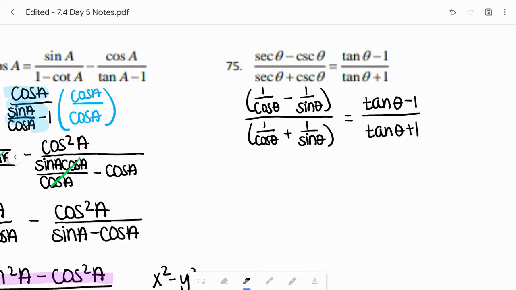Okay. Now I want to multiply both the top and the bottom by sine theta cosine theta because that's going to give me a common denominator. So I'm going to multiply the top and bottom by sine theta cosine theta.